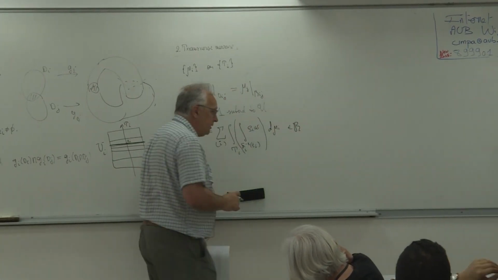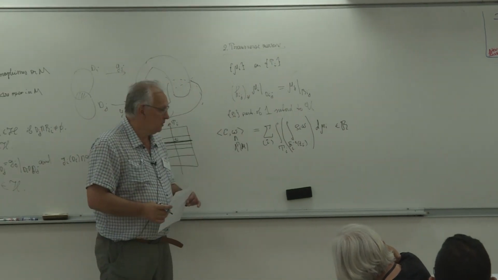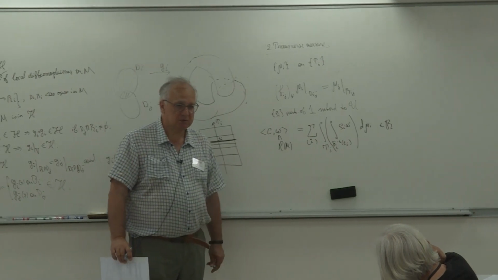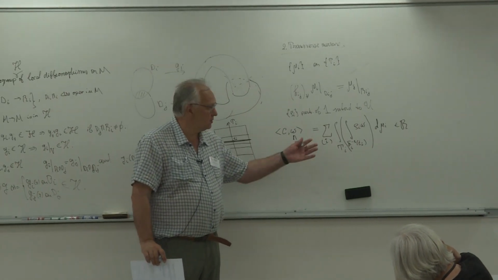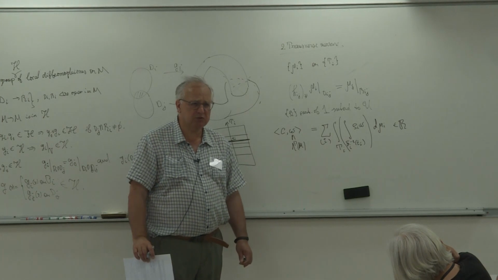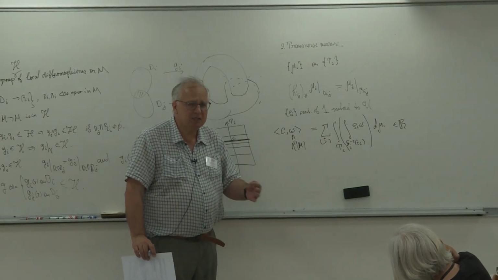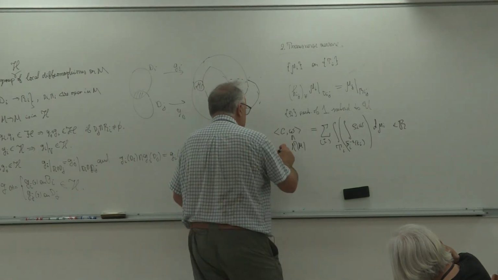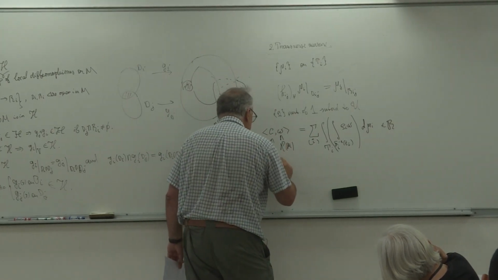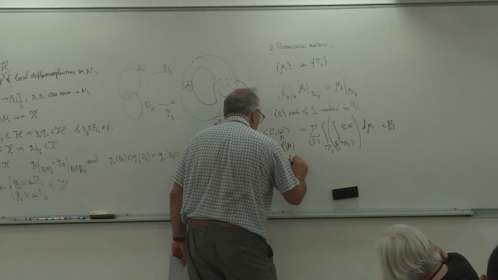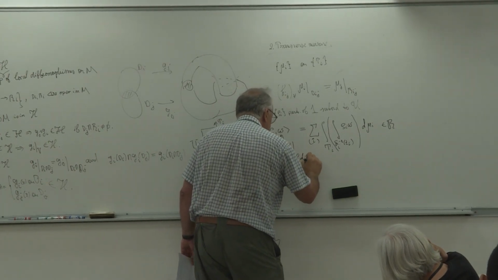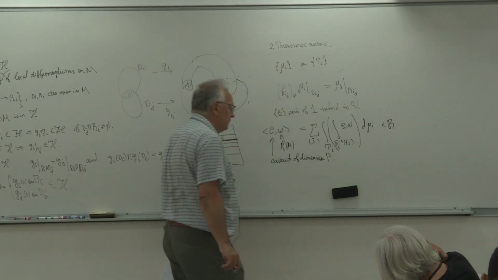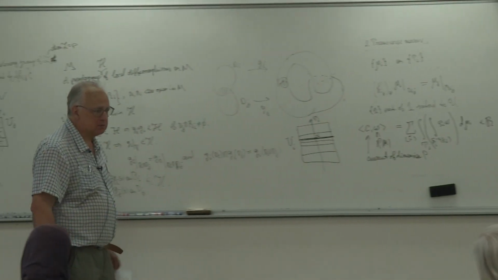And so you get a linear functional on the space of forms. This functional is continuous in the natural topology of forms, and such a thing is called a current. So this is a current of dimension P. It acts on P forms.